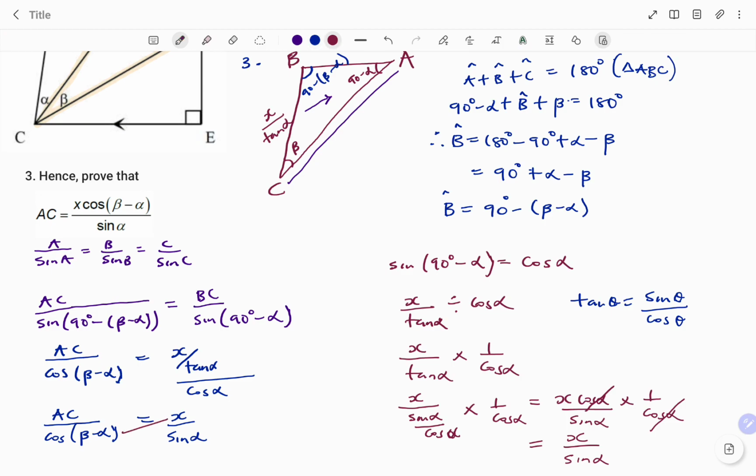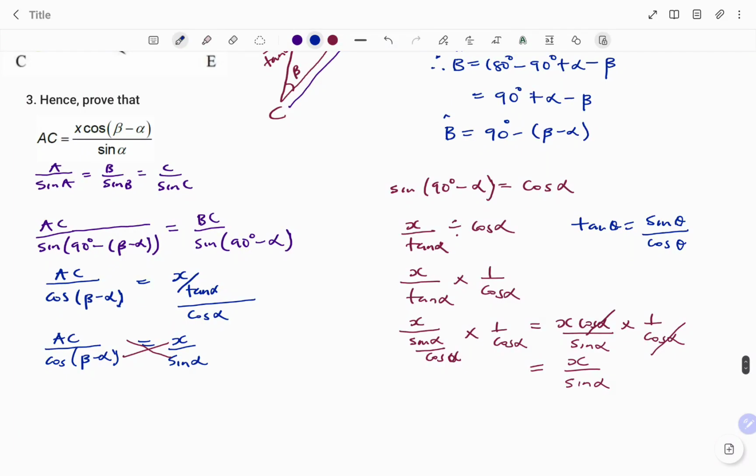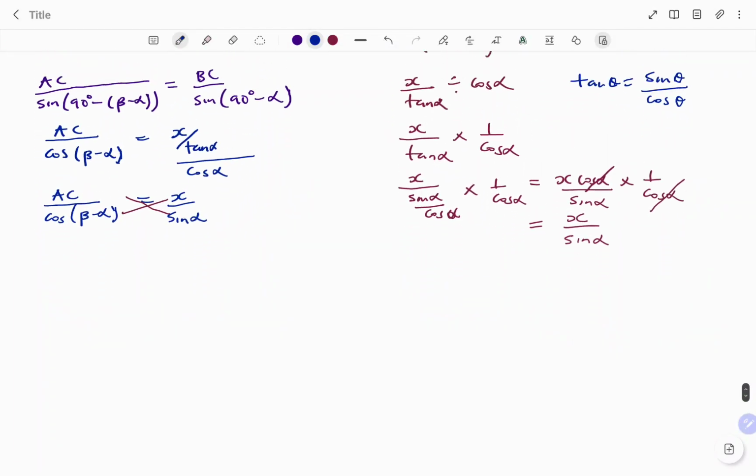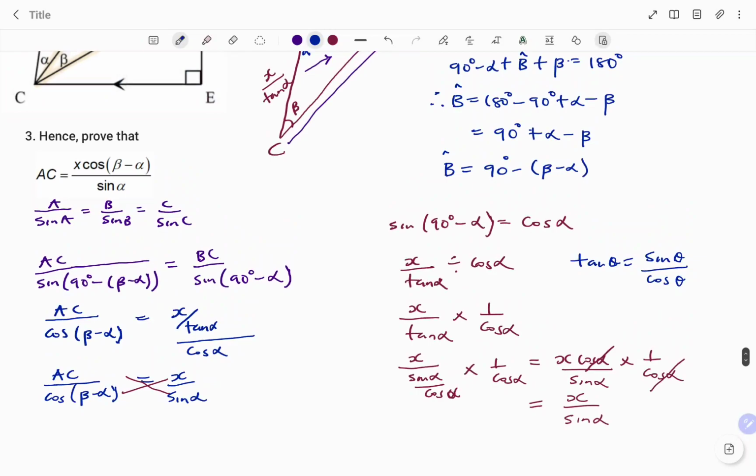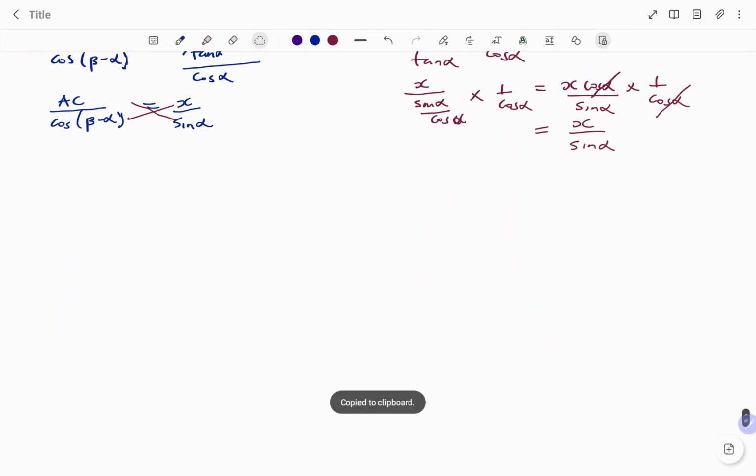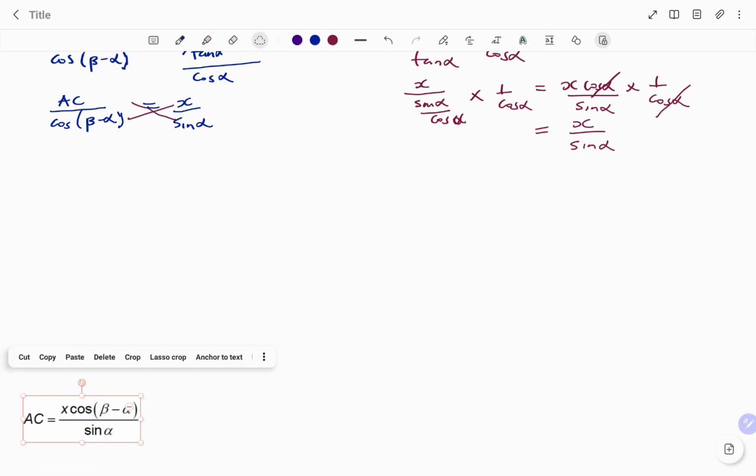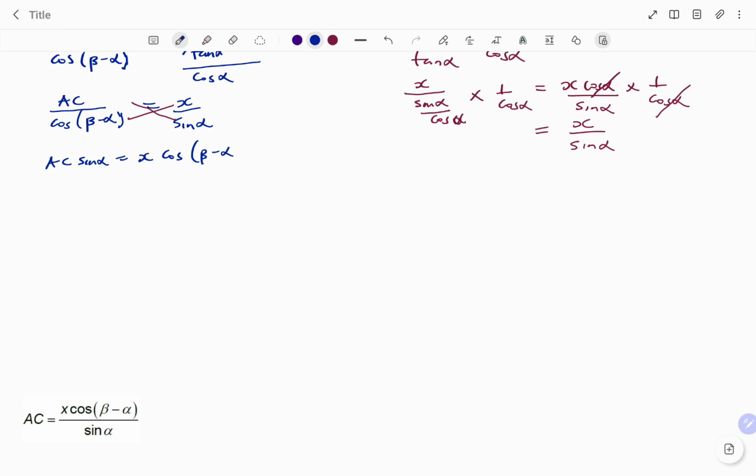From here I can easily cross multiply, and what I have will be AC multiplying sine alpha equals x times cos of (beta minus alpha).